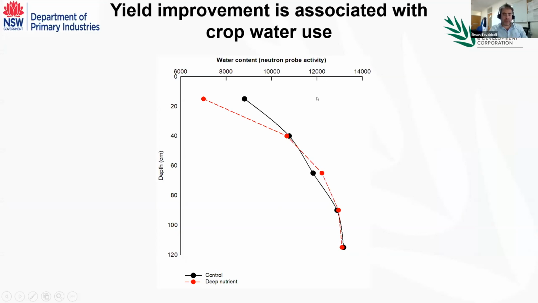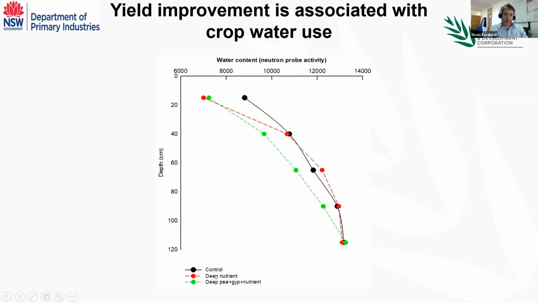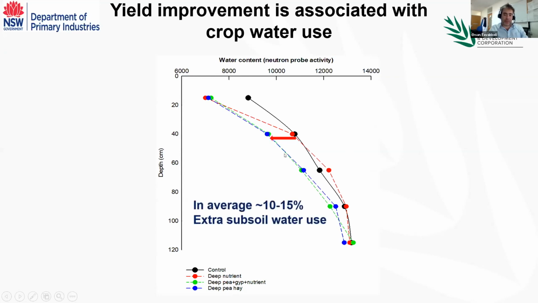You will see that both of them are quite similar, in this and in the lower soil profile. When you start looking at the deep organic amendments that we left in the subsoil, you will see there is a shift. About 10 to 15%, calculated across all these treatments, of extra subsoil water is being used, and that is an indication that we improved the soil structure and the crop had the ability to take up that water.